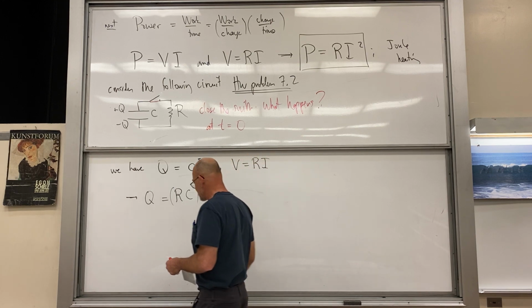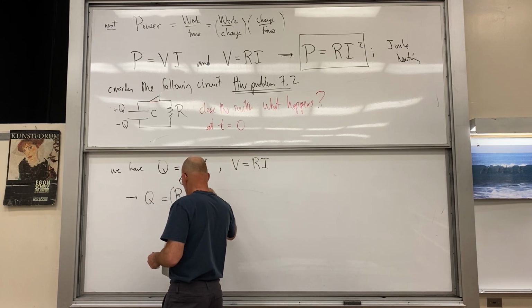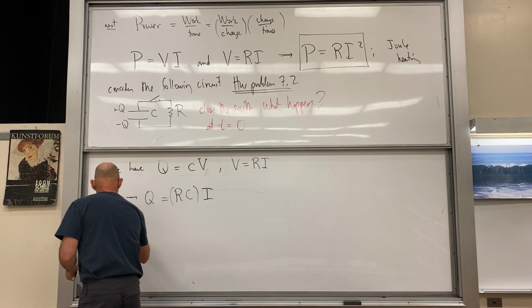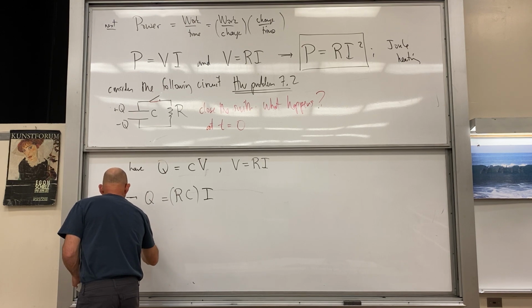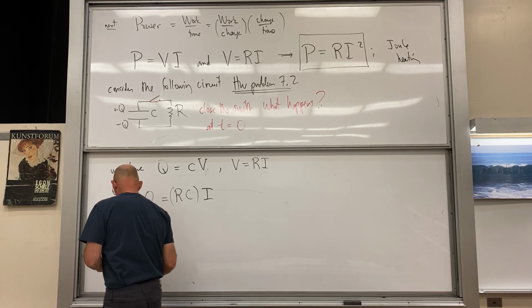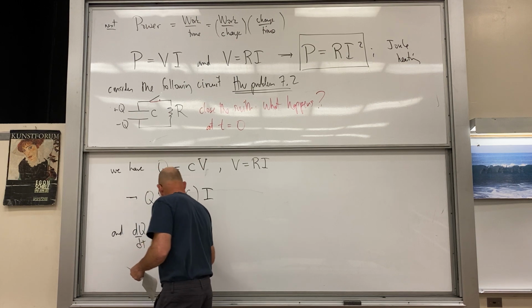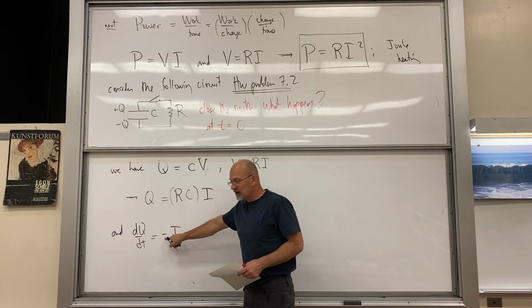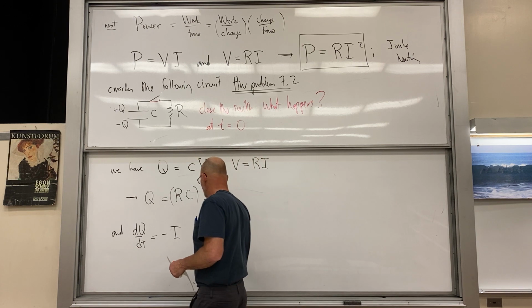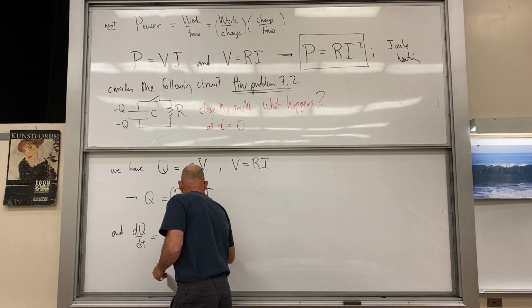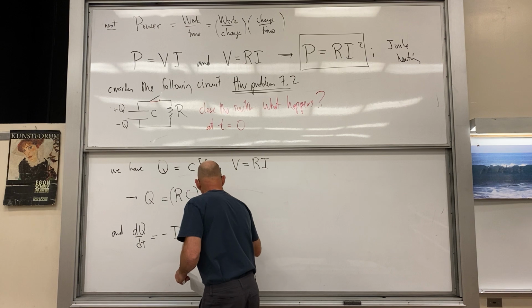And I'll go ahead and make my substitution next here. And dq dt is going to be minus I. So we're going to have the minus sign here because the charge is decreasing when we close the circuit there. Because Q decreases.